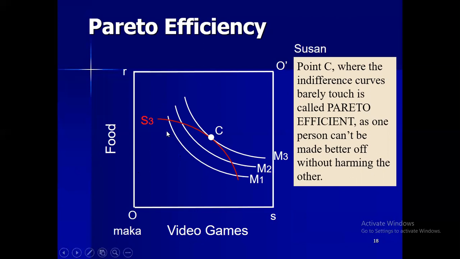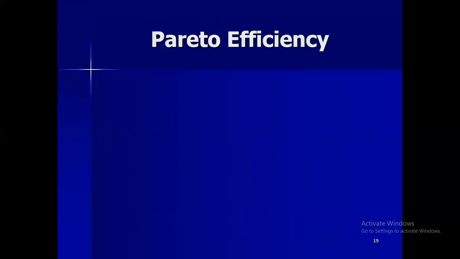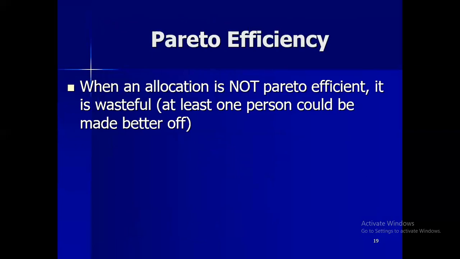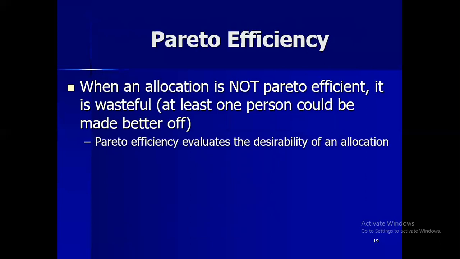There would be no harm if you reallocate your resources. Suzanne will be on the higher indifference curve and Muskan will also be on the higher indifference curve. When an allocation is not Pareto efficient, it is wasteful. At least one person could be made better off. Pareto efficiency evaluates the desirability of an allocation.